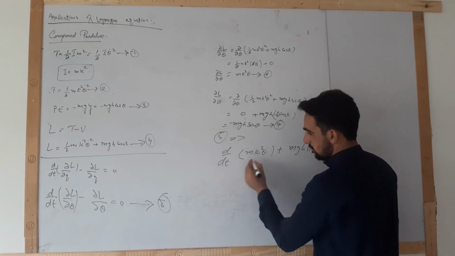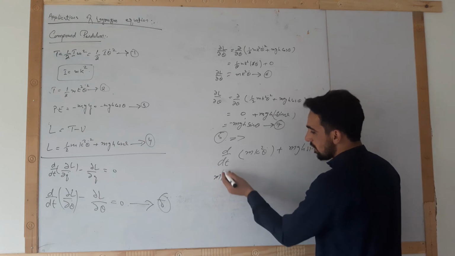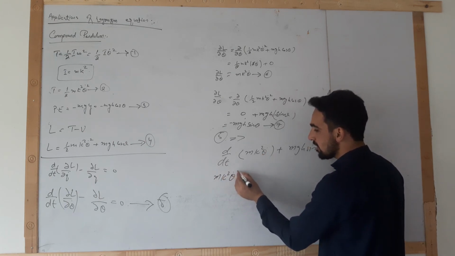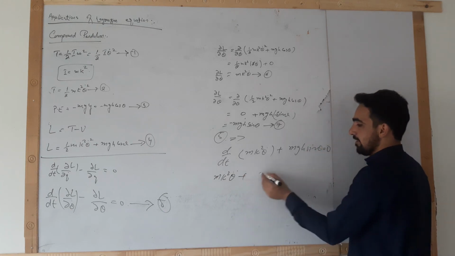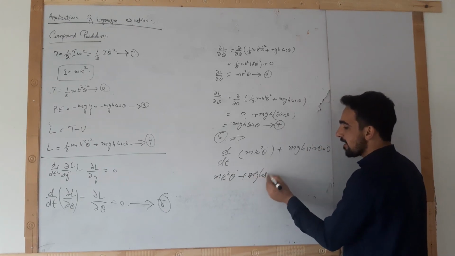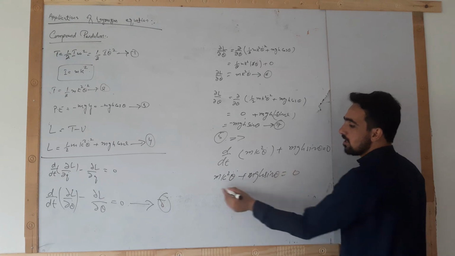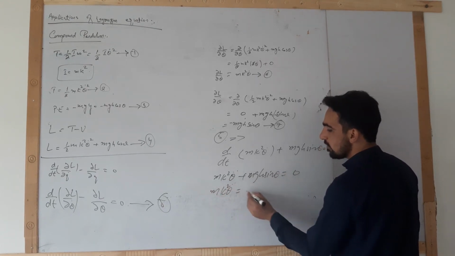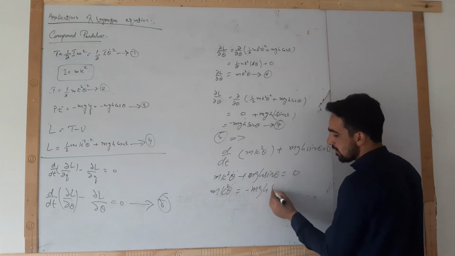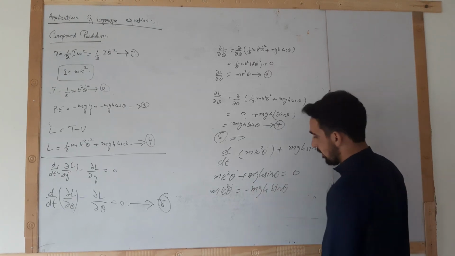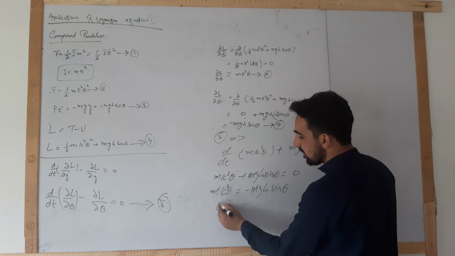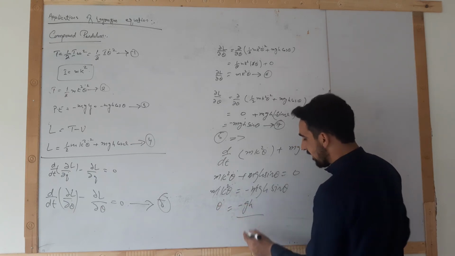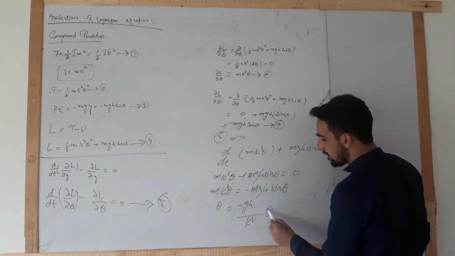So m k square is a constant, and theta dot when differentiated with respect to time gives theta double dot, plus mgh sine theta is equal to 0, or m k square theta double dot is equal to minus mgh sine of theta. m cancels with m. Theta double dot is equal to minus gh divided by k square times sine theta.